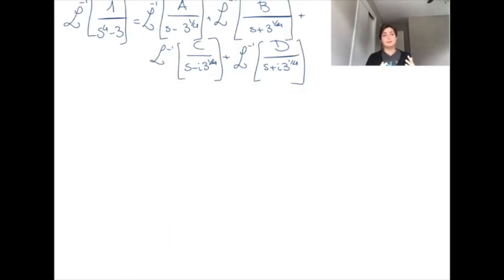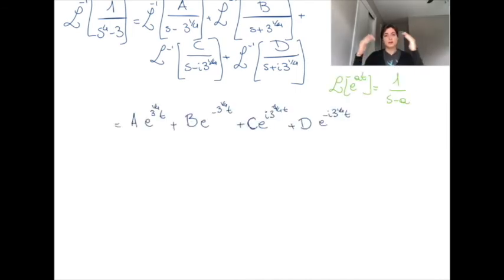So now we have the inverse Laplace of 1 over s to the 4th minus 3 being the inverse Laplace of the sum of 4 fractions, and therefore being the sum of 4 inverse Laplaces of each simpler fraction. Because the fractions are so simple, we can remind ourselves that the inverse Laplace of 1 over s minus a is e to the at.